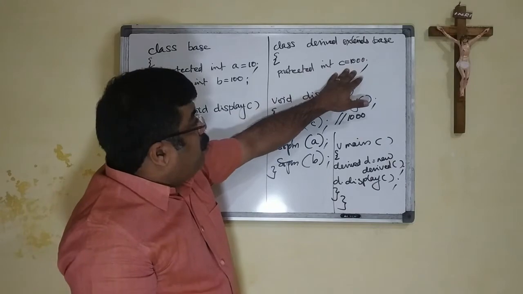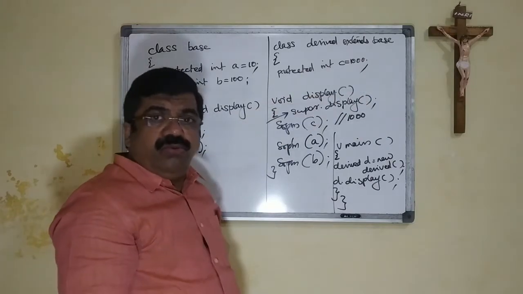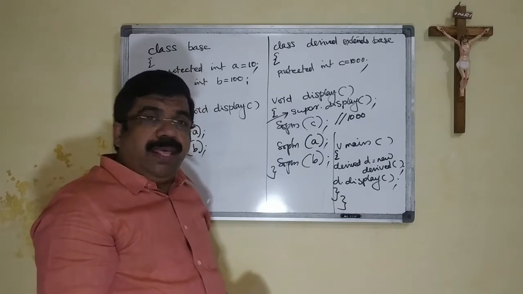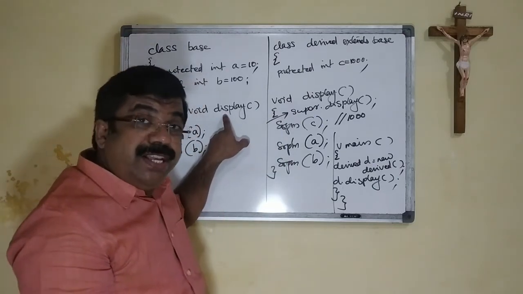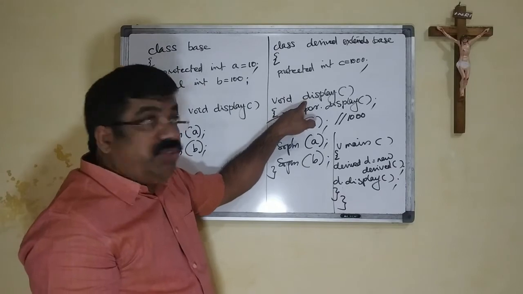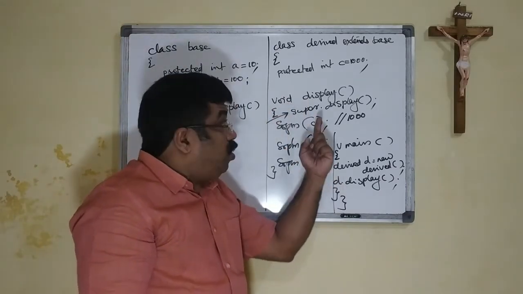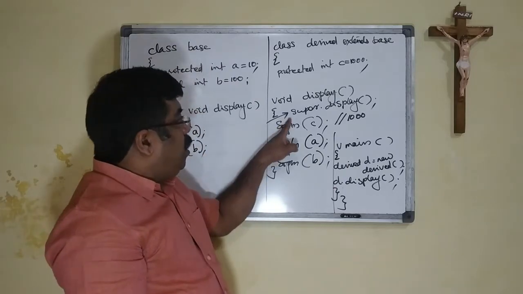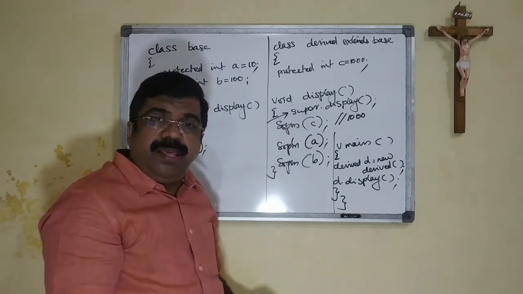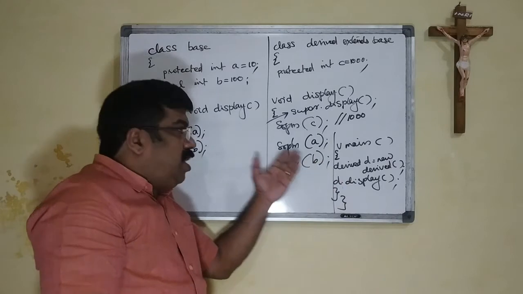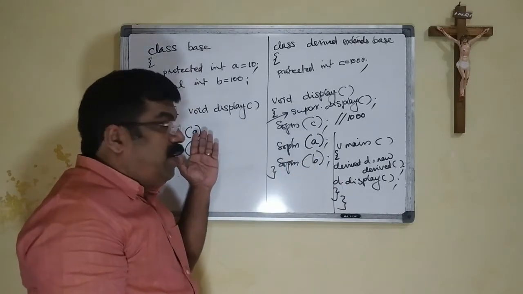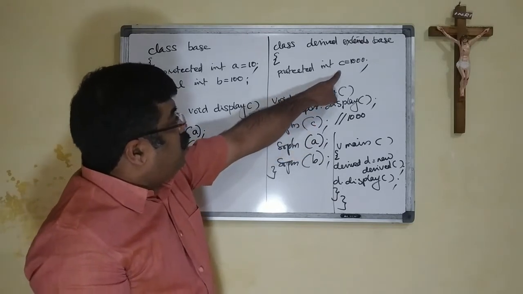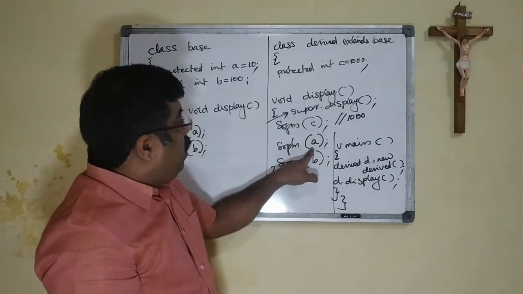One protected data member is there which has a value 1000. Void display, the same signature we have in the base class, so this is trying to do the overriding. Super dot display, that we already saw, is trying to access the method which is there in the super class or the base class. SOPLN C, and SOPLN A.